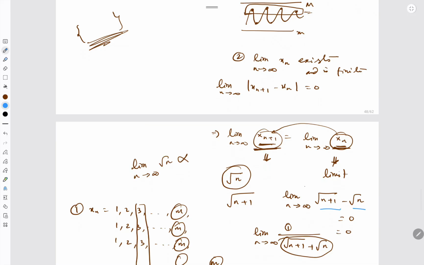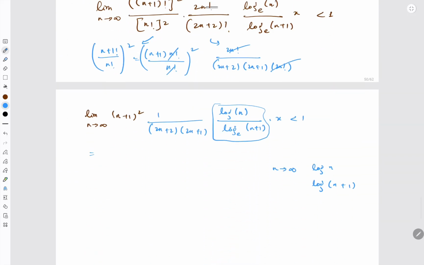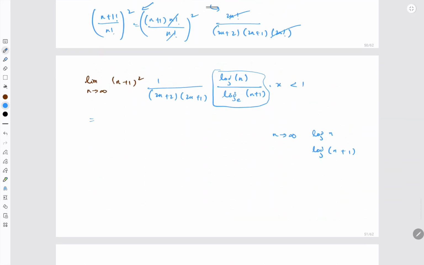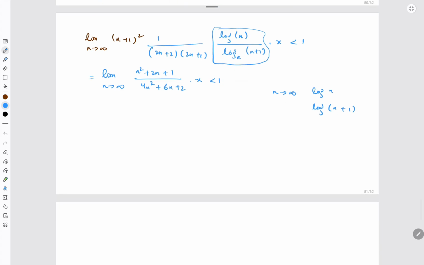So it is limit n tends to infinity n plus 1 square, n square plus 2n plus 1, over 4n square plus 6n plus 2, into x should be less than 1.